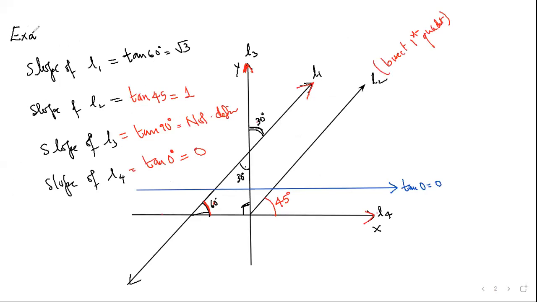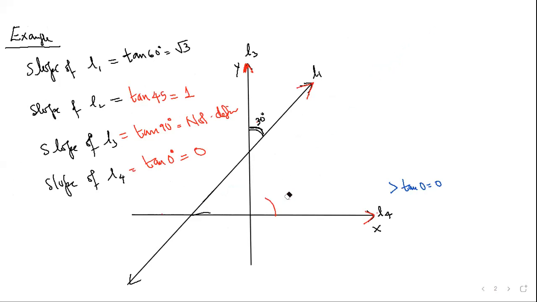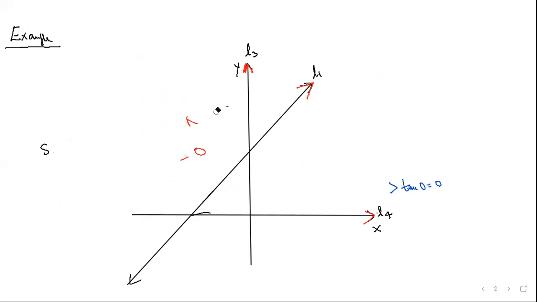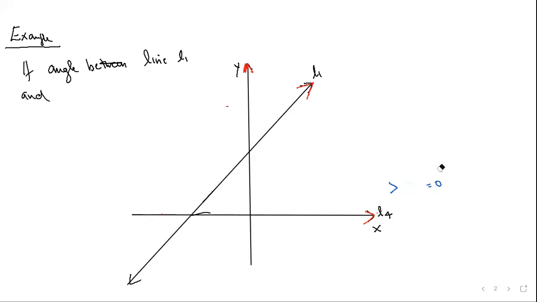Write example. For the first diagram: if the angle between line L1 and the positive y-axis is 30 degrees, then what is the slope of L1?